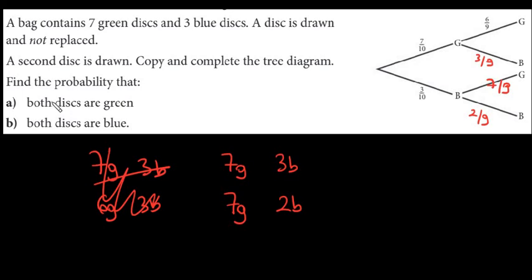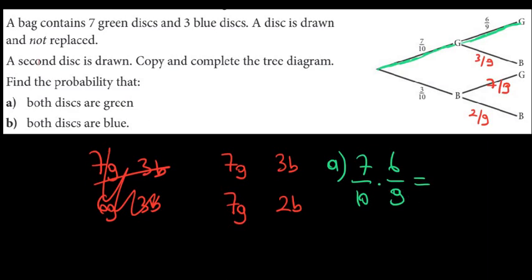Now let's look at the question. What is the probability that both discs are green? The first will be green and then the second will be green. The first will be green, you see that? The second also is green. So we multiply these numbers, 7 over 10 times 6 over 9. So let me do A here. 7 over 10 times 6 over 9.